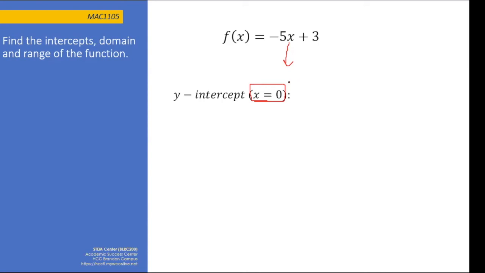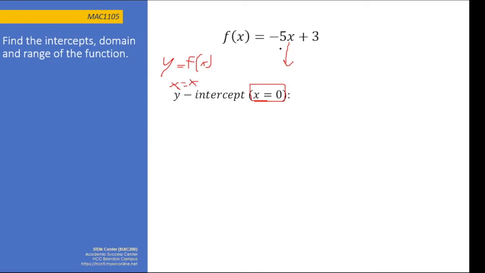Oh, and then a quick note, when we graph functions, we graph the output on the y-axis. So in other words, y equals f of x when we're graphing, and then x just equals x. So what do I mean?